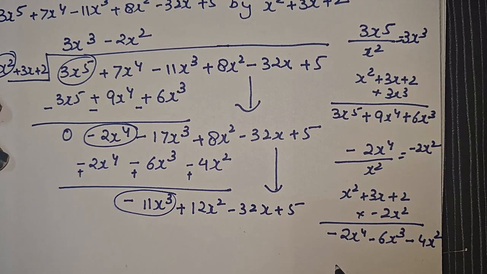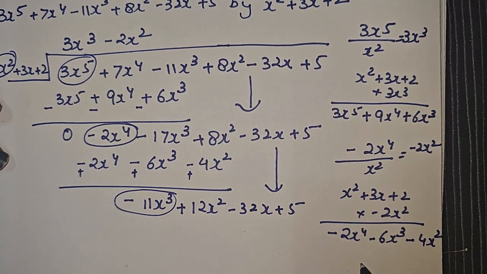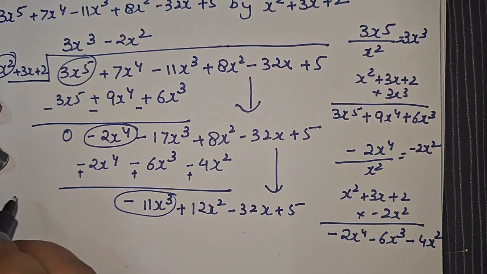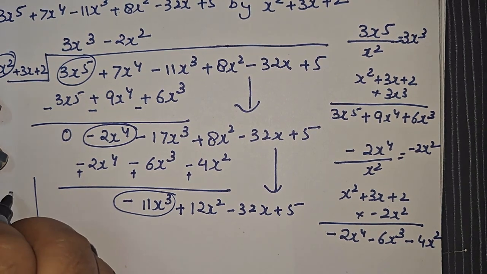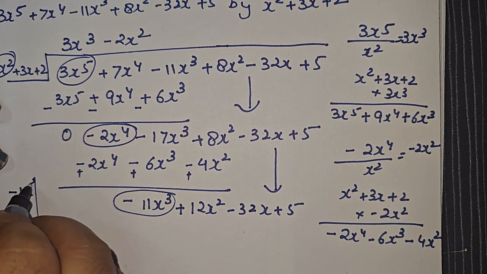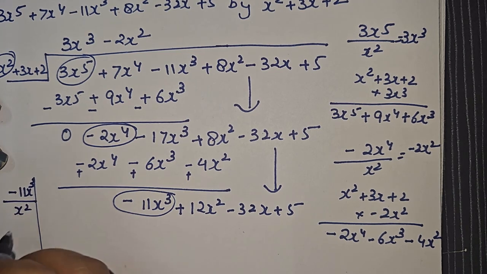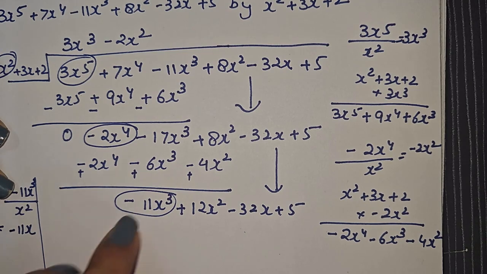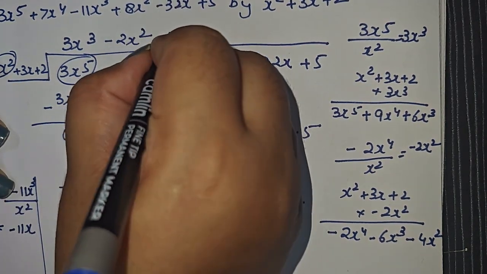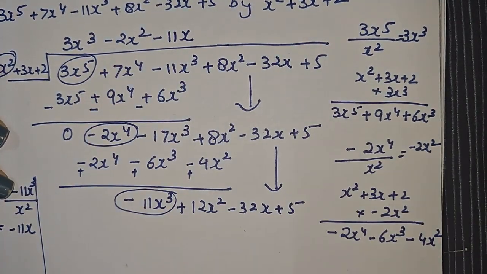Now next again we will pick this one. I will just use this base. We have minus 11x to the power 3 upon x square, which will be minus 11x. Correct? So we will place our minus 11x here.